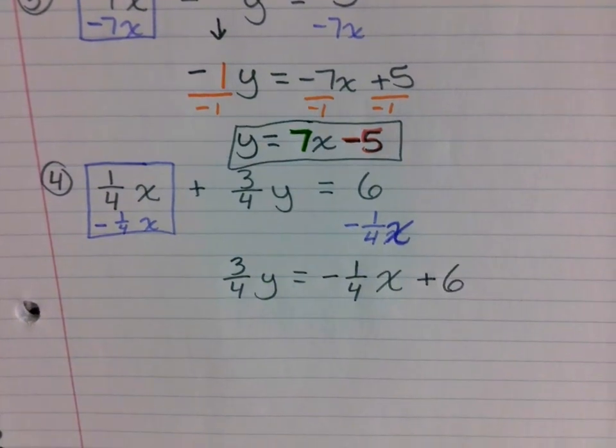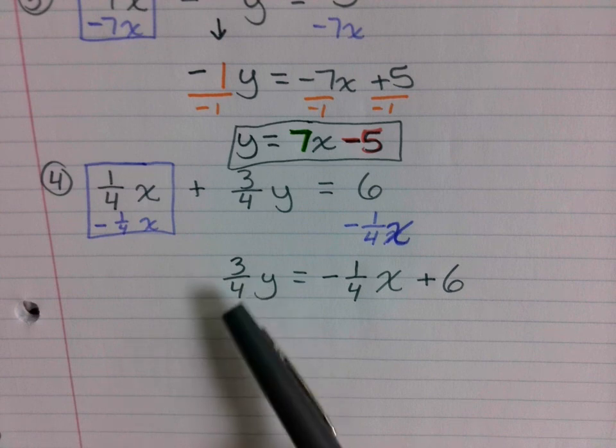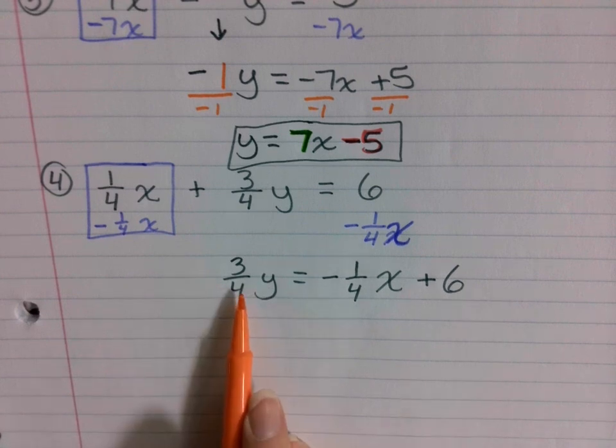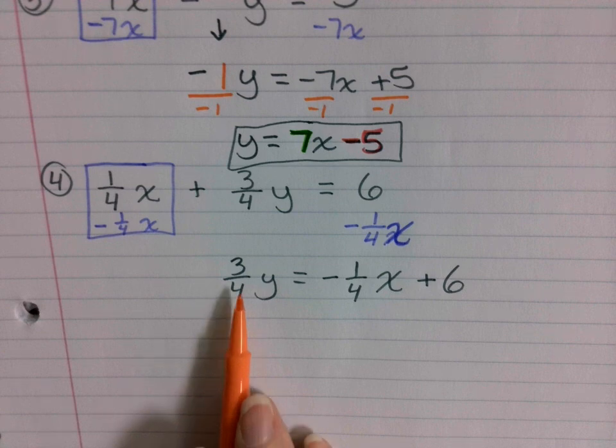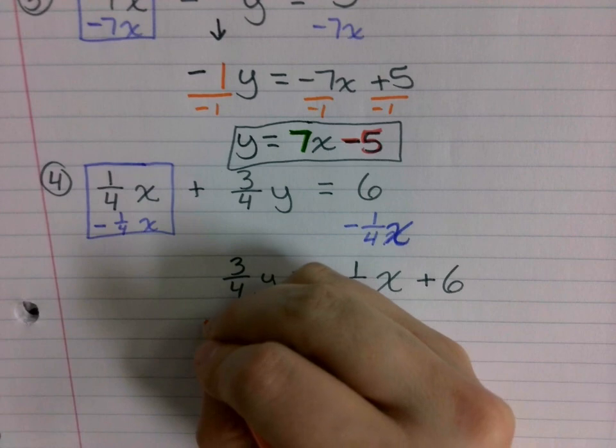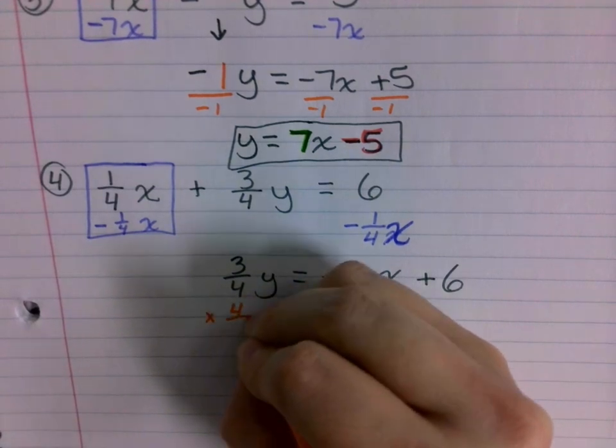Okay, we want to do the inverse operation here to isolate. So are we going to multiply or divide here? Well, if we divide, what is it really? It's really going to be multiplication. Remember, I said that. If you have a fraction, you're really going to multiply by the reciprocal. So we're technically multiplying everything by 4/3.